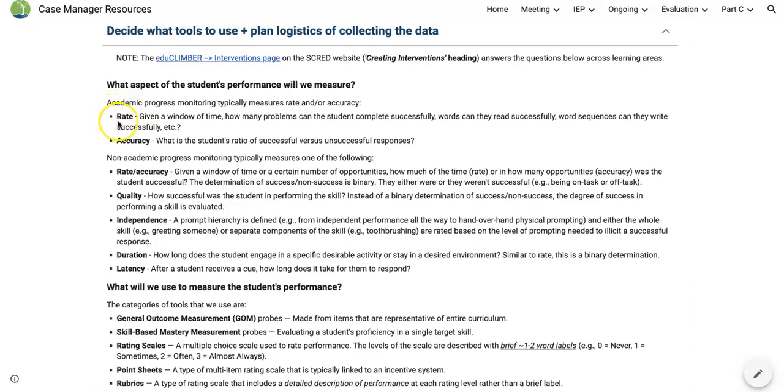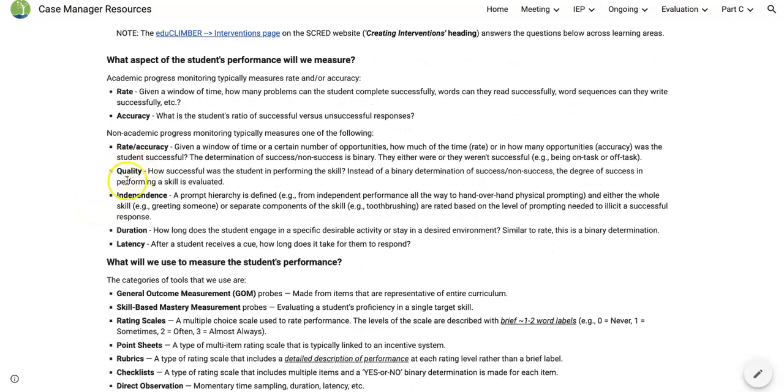Are you going to be looking at the rate? So, in a given time frame, how quickly or the rate at which they produce something? Or you're going to be looking potentially at accuracy. So how are they doing success-wise? You can also look at the quality of something. Again, relating to reading, maybe you're looking at comprehension, and maybe you're looking at application.